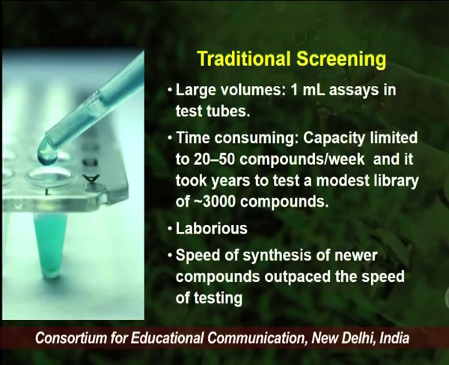And since one compound at a time was handled in the traditional screening methods, the process of screening was time consuming, and according to an estimate 20 to 50 compounds were screened in 1 week. And since everything was done manually, right from the sample preparation to the preparation of reagent, to the mixing of the reagent, and to the pipetting, the process was laborious, and again it was time consuming.